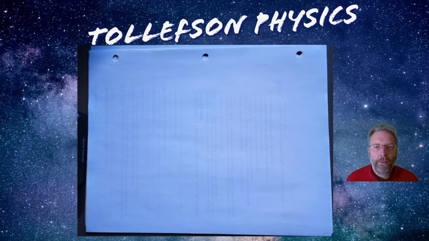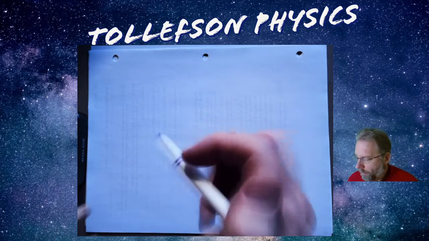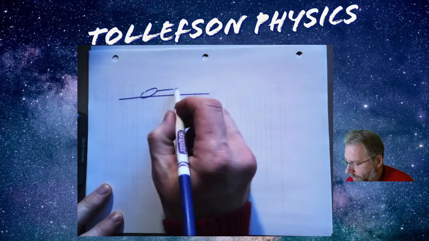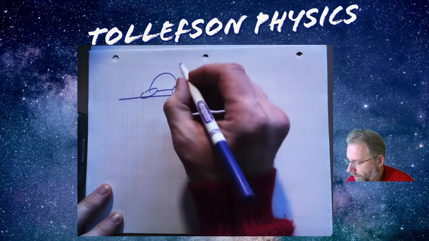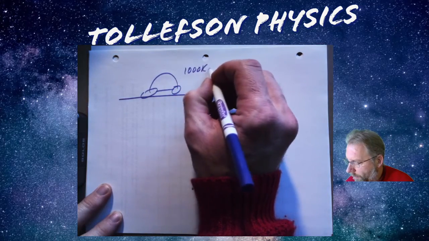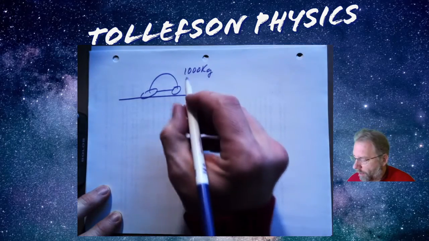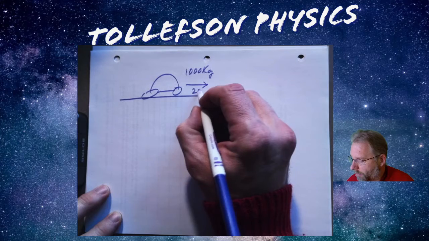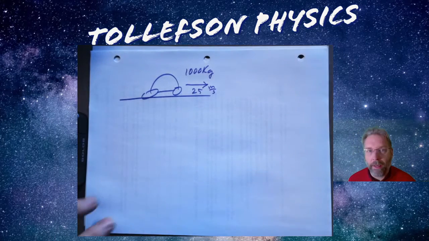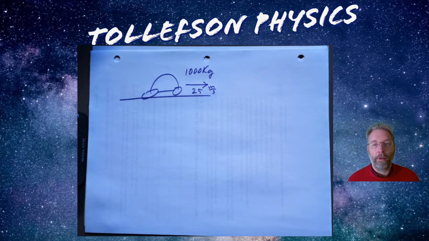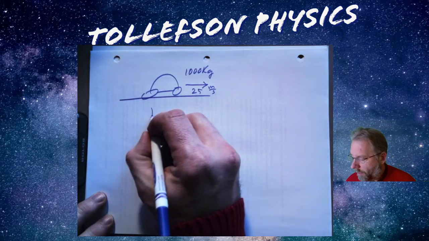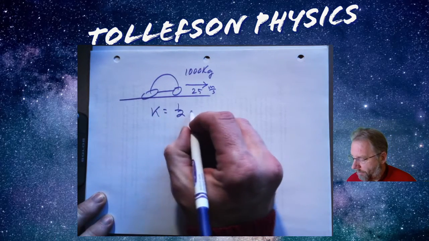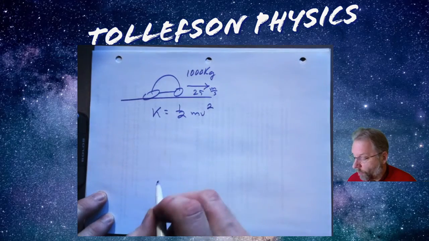Let's do a real simple example of calculating kinetic energy. Let's just have a car. Let's make it a nice old 1,000 kilogram car, traveling about 60 miles per hour, which is approximately 25 meters per second. We're just going to apply what we just learned. Kinetic energy equals 1/2 the mass times the velocity squared.